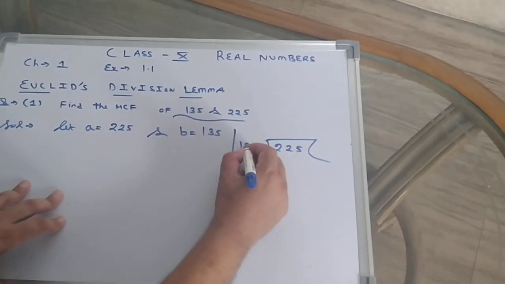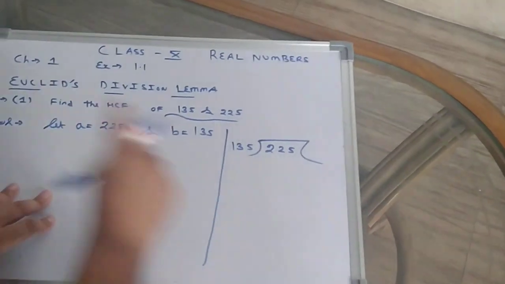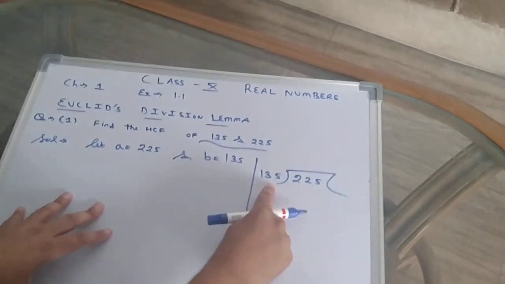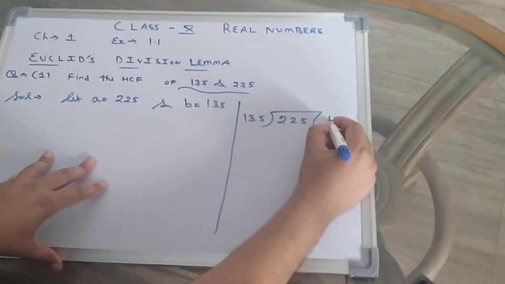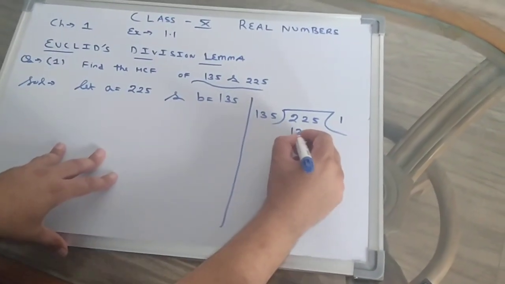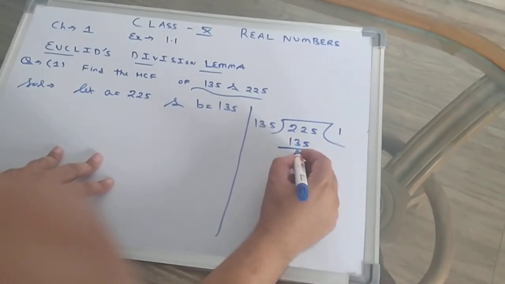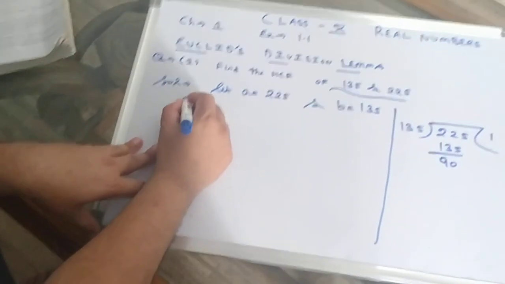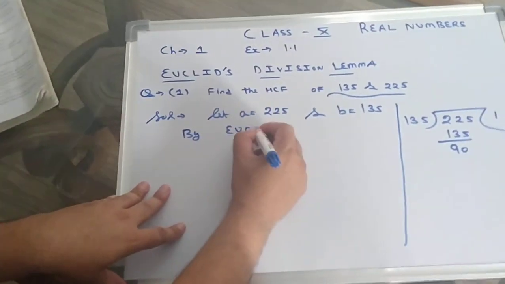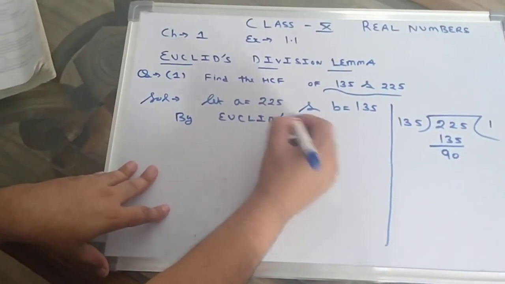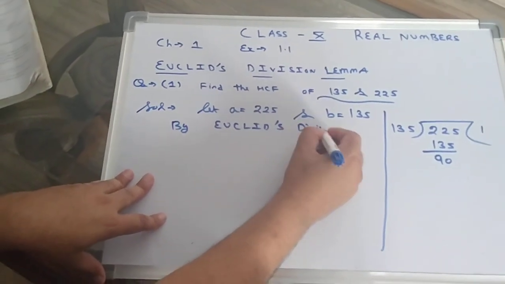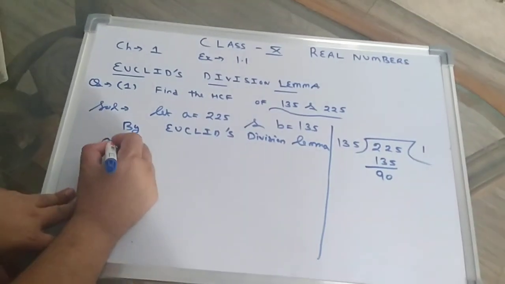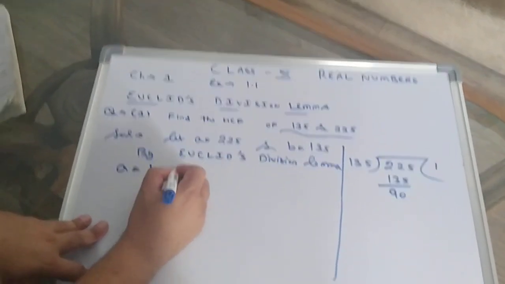You have to divide 225 by 135. Let us start. First, our quotient is 1, and you can easily judge that our remainder comes out to be 90. Now, by Euclid's division lemma, we know that a is equal to bq plus r.